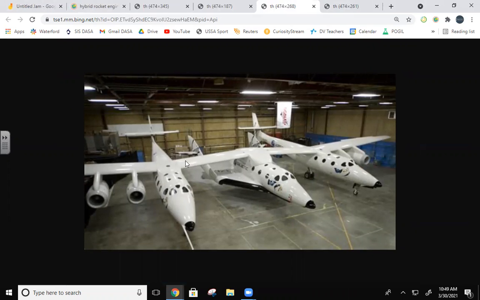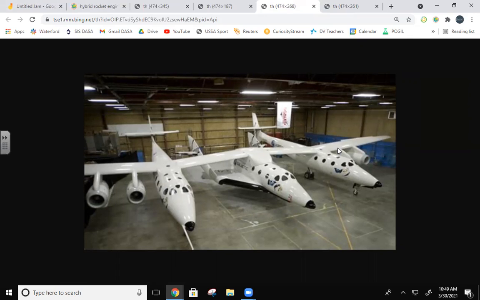This is the White Knight, a 4-engine double fuselage airplane that carries the Spaceship 2 up to 20,000, 30,000 feet, something like that. Lets it drop off, and then Spaceship 2 rockets up into space using its hybrid engine.